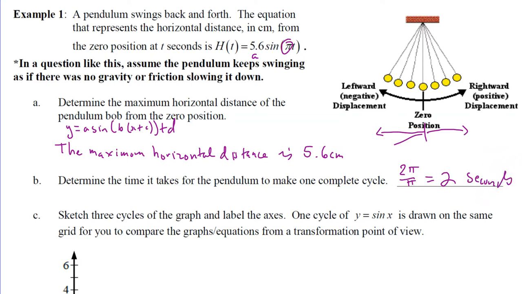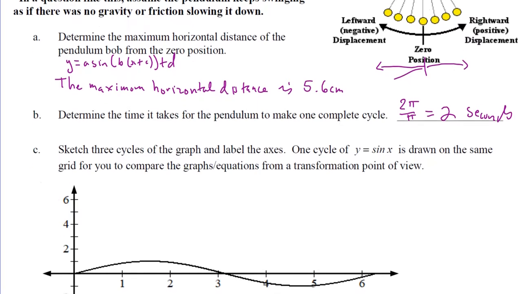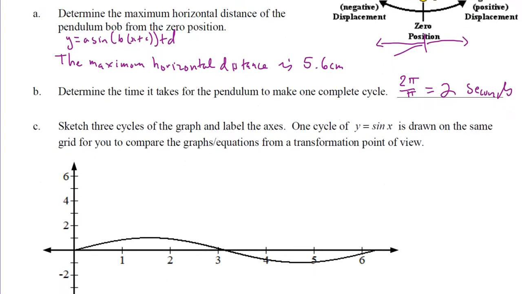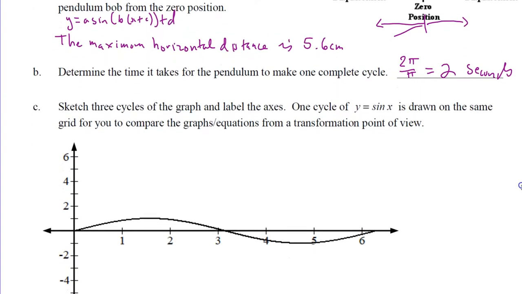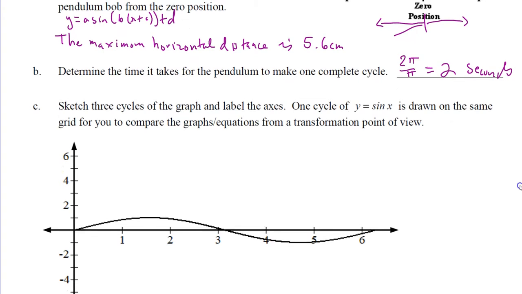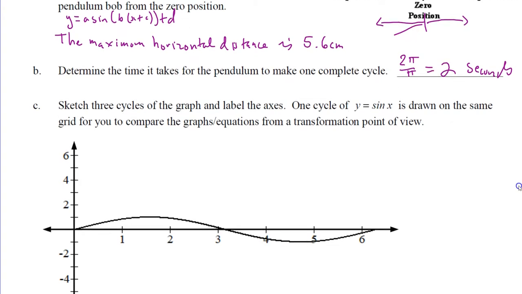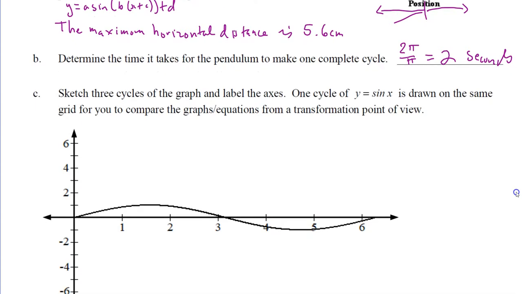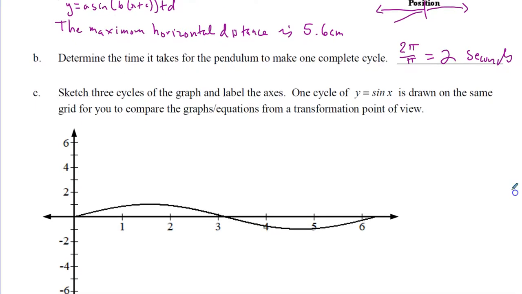Sketch 3 cycles of the graph and label the axes. 1 cycle of y equals sine x is drawn on the same grid for you to compare the graph's equations from a transformation point of view. Okay, so this is sine x. Now we know that a is 5.6.